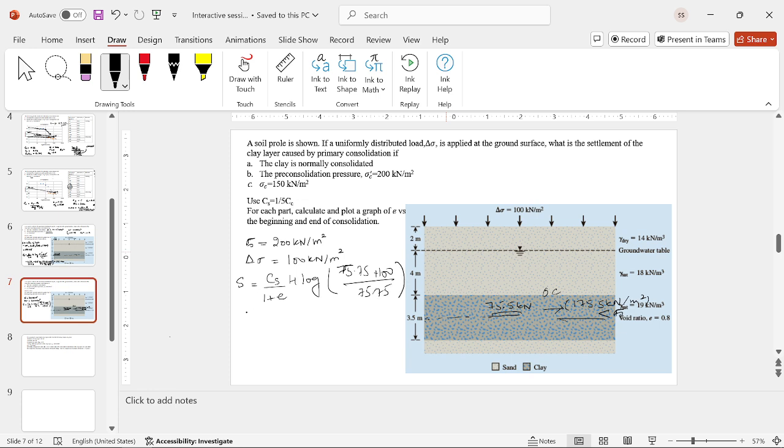So this will just be 1 by 5 of 126. It will be about 25 mm. But now look at the third and interesting case.